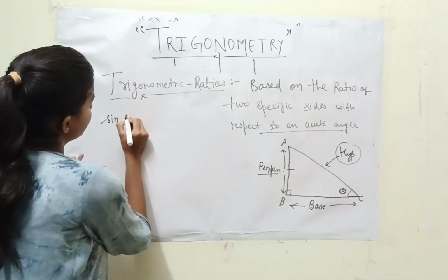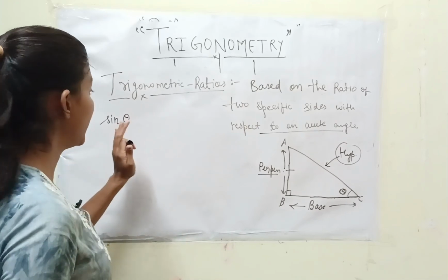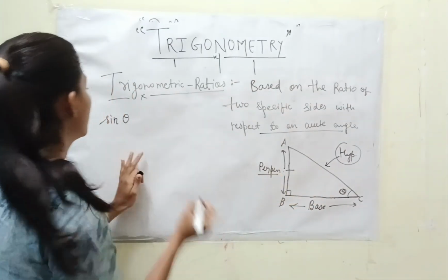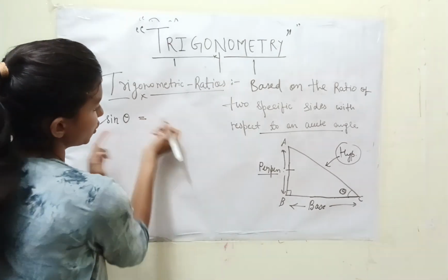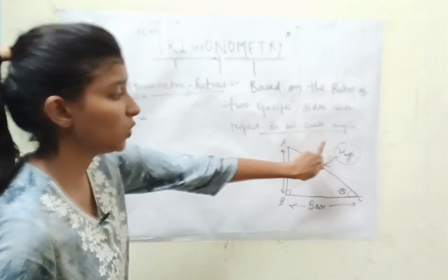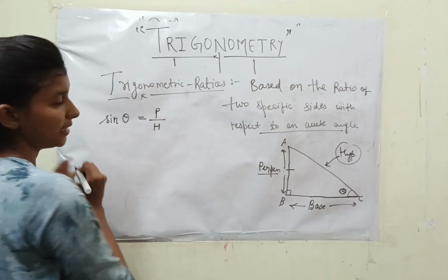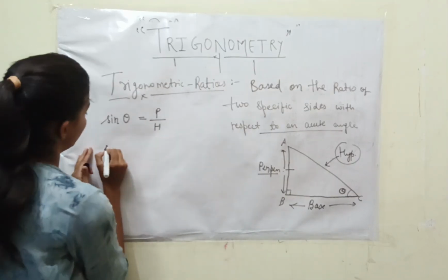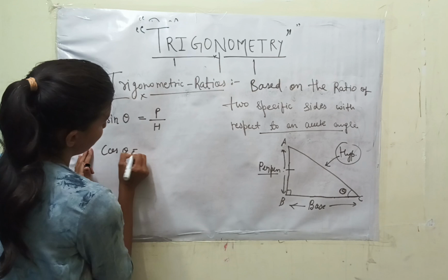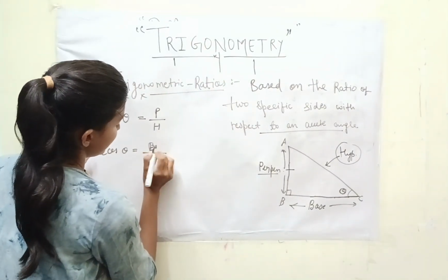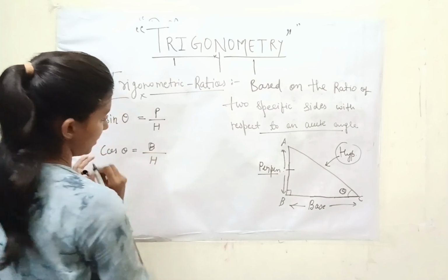As we are discussing this side with respect to this angle, here the ratio perpendicular upon hypotenuse is known as sine theta. Then the ratio of base and hypotenuse is named as cos theta.